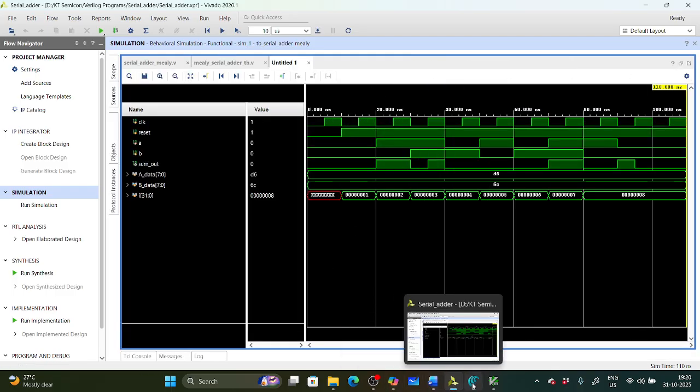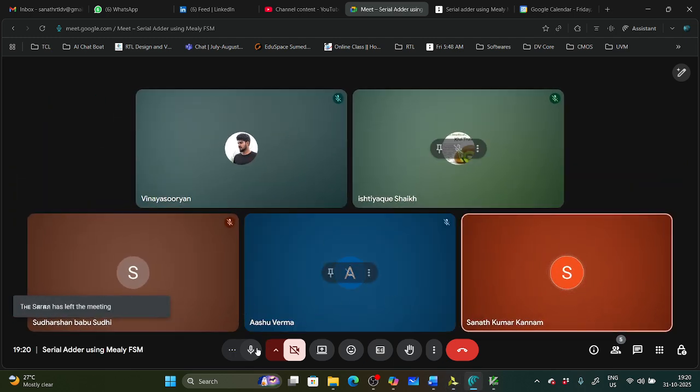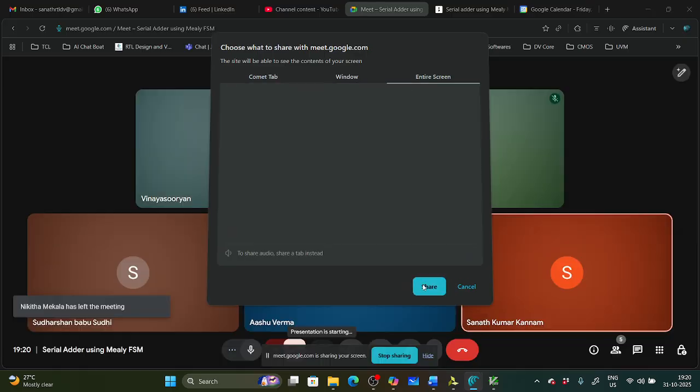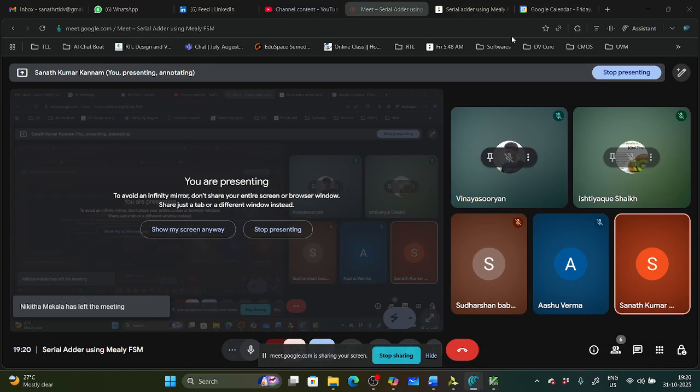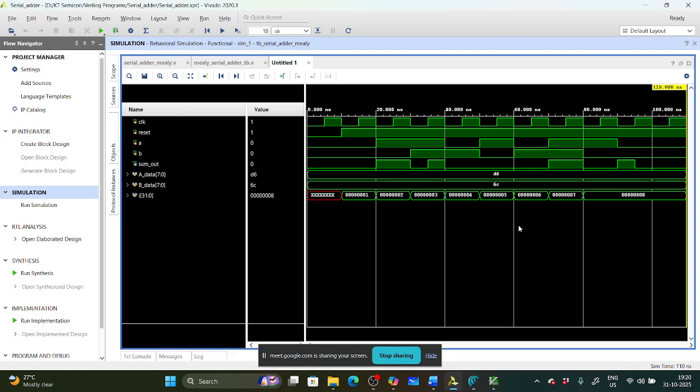Yeah, see here. I got the output. One second, I'm sharing. So here you see, data out I'm taking as D6. Here, how many bits am I taking for data A? D6. And for data B, 6 bits, and I'm checking for the sum. So what sum am I getting?